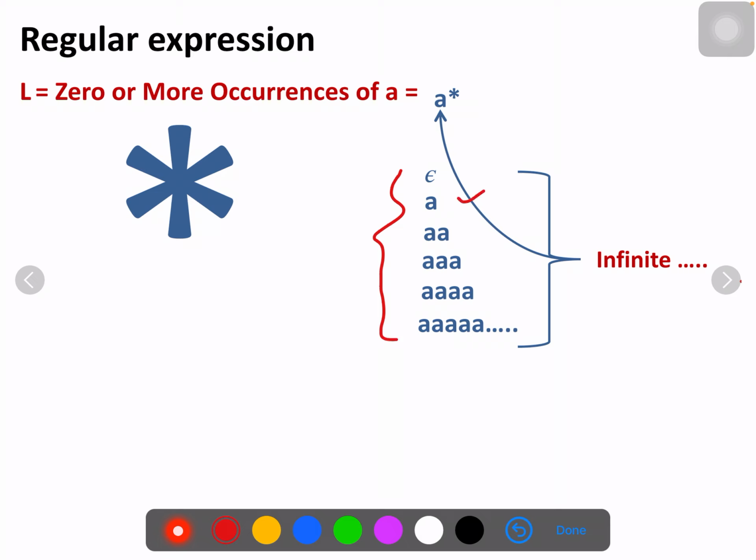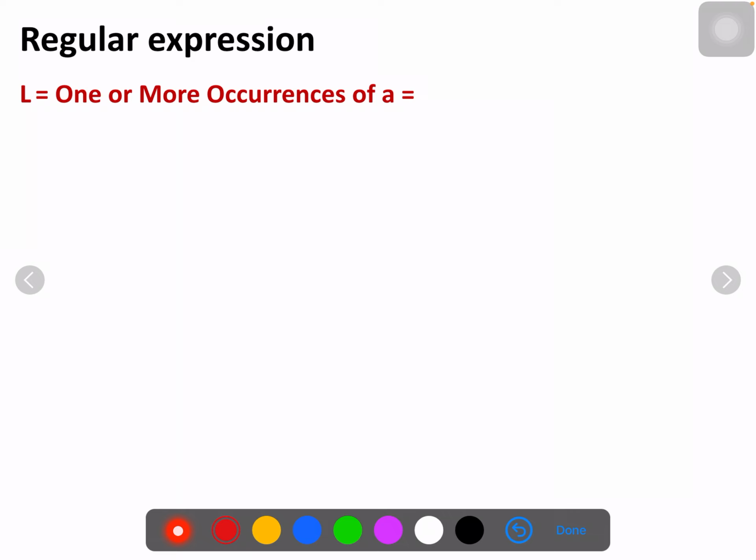From here onwards, you need to remember that whenever a regular expression is given with a star, the strings generated are epsilon, a, aa, aaa, and so on. So this is one kind of regular expression.